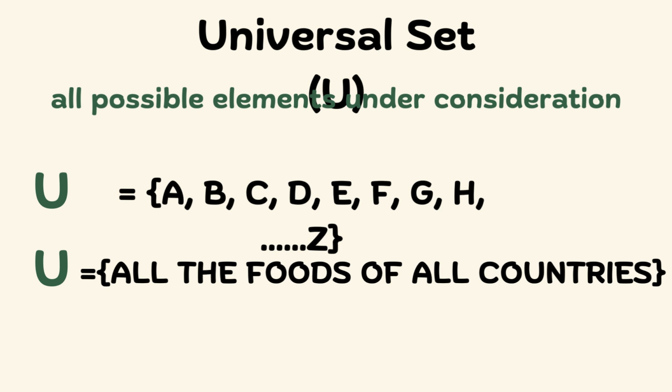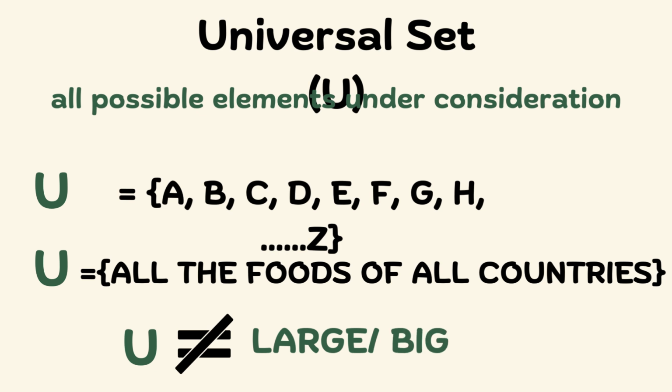Now, the universal set doesn't necessarily have to be very, very large. For example, if we're talking about a set of numbers from 1 to 10, the universal set in this scenario would basically just be 1 to 10. Talking about a set of numbers from 1 to 1 million, the universal set would be numbers ranging from 1 to 1 million.